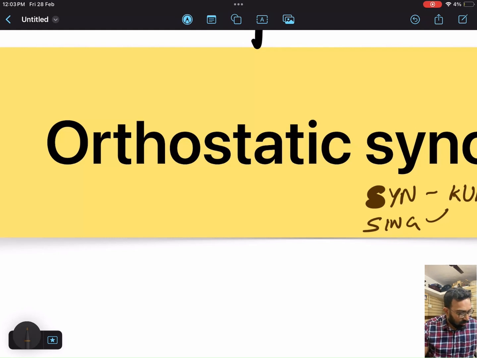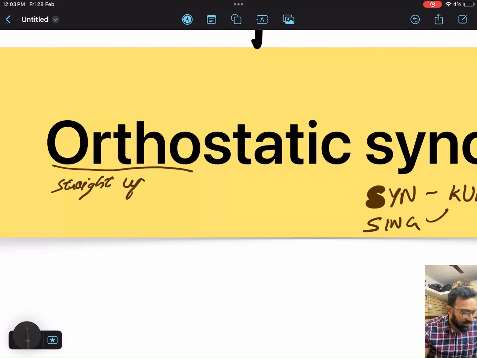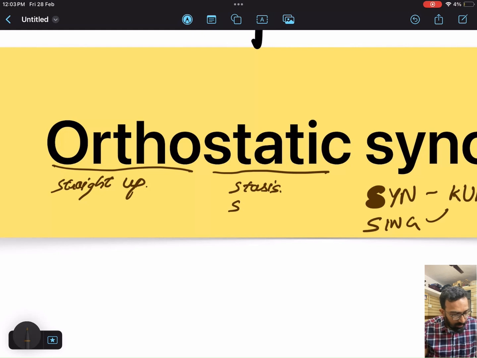Orthostatic means, ortho in Greek means straight, or straight up, meaning standing straight up, and stasis, the word static comes from stasis, which means something which is not flowing, which is constant, like water in a pond, not water in a river.